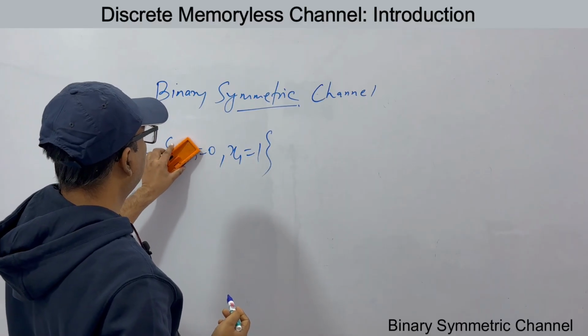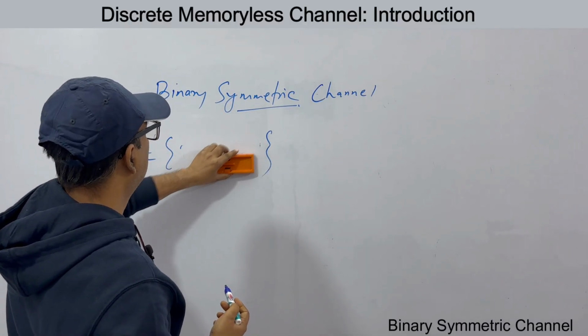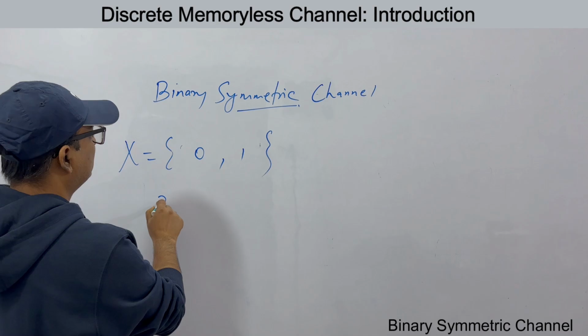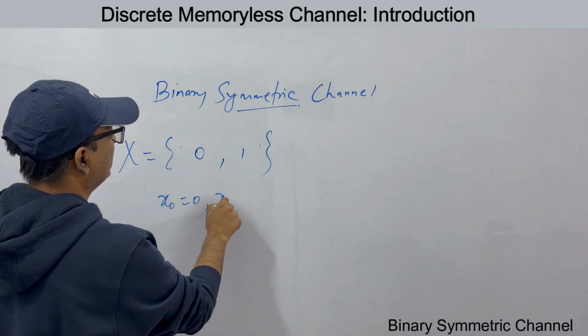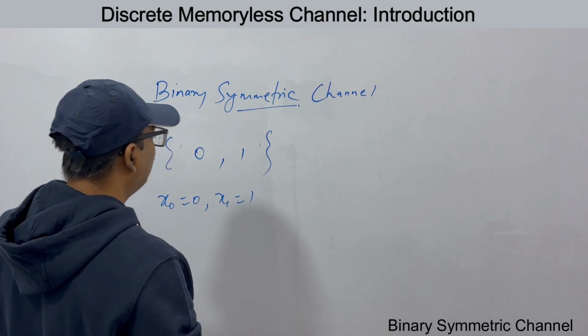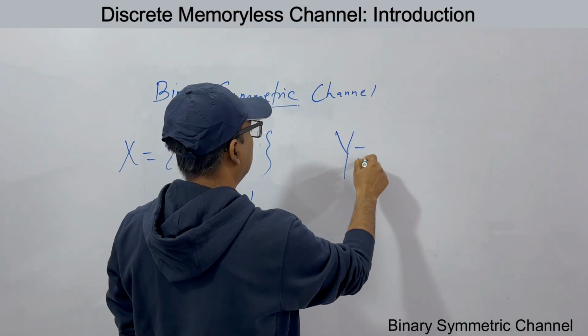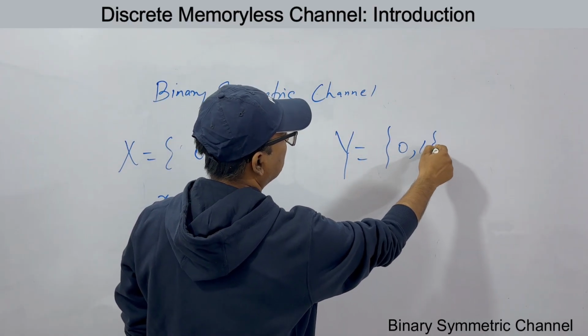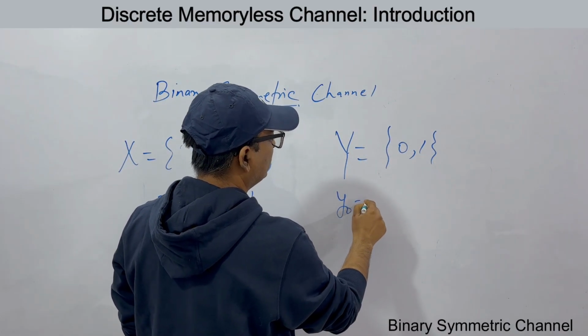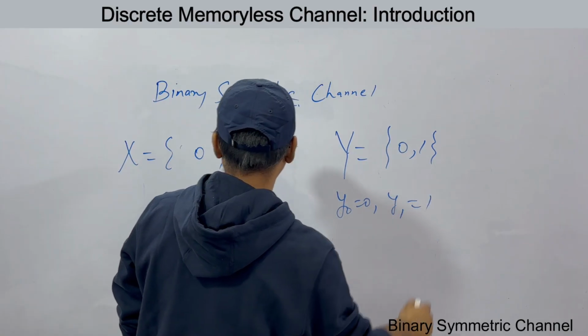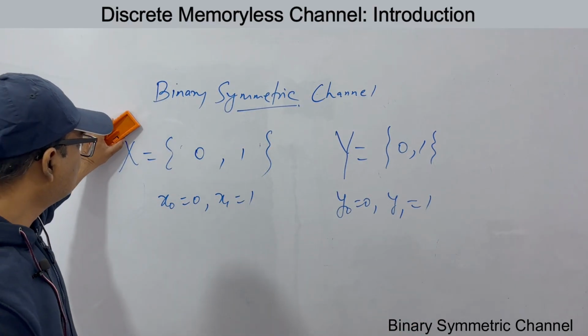You should write 0 and 1, that is x0 equal to 0 and x1 equal to 1, and the output is 0 and 1, that is y0 equal to 0 and y1 equal to 1.